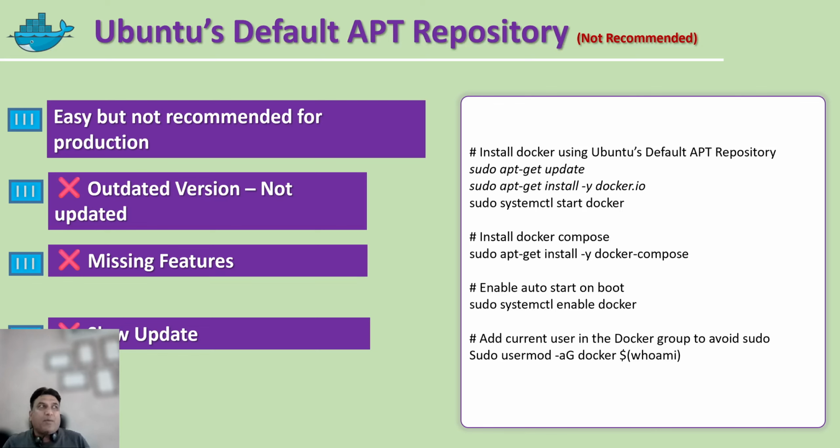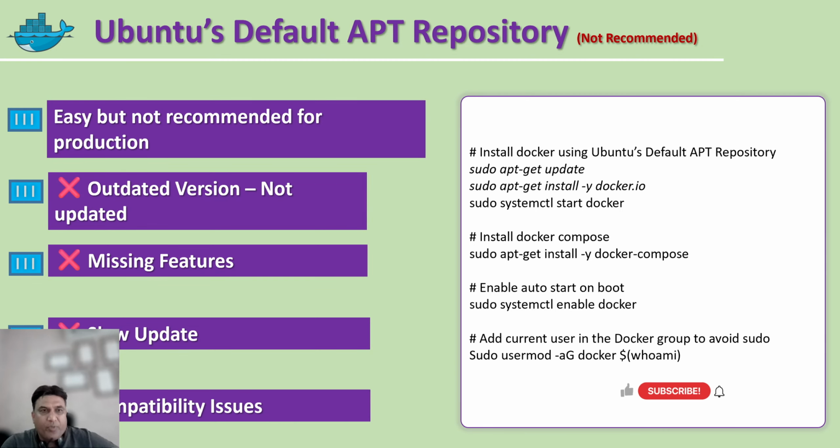So the update is very slow. And compatibility issues, of course, because if you are not installing the newer, latest version, there may be a possibility that code written by some developer with a different version might get compatibility issues in the version that you have installed.